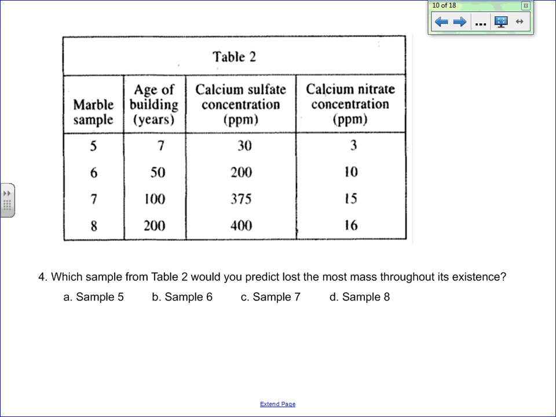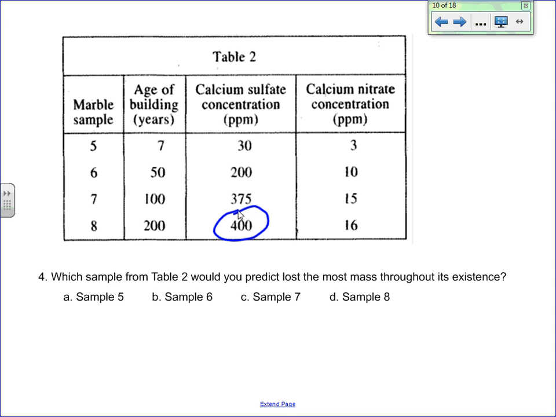Yeah, so this one's tricky because 8 seems to have the most calcium sulfate. So wouldn't that be the most mass? But I will tell you that 8 is the answer. Why is 8 the answer?